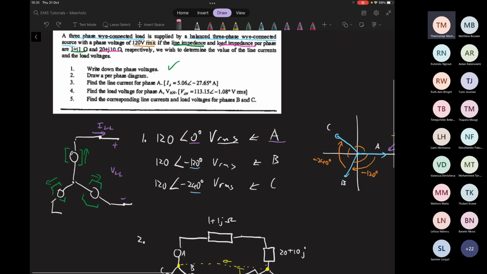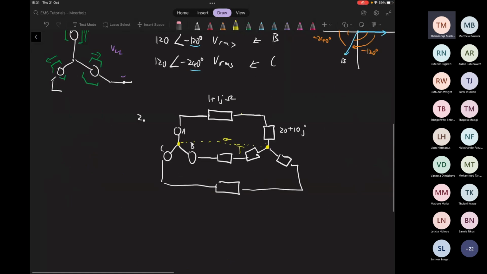Okay, now they say draw the per phase diagram. We can immediately draw a per phase diagram very easily because if we look at this, we can see there's a symmetry. We can actually just isolate a phase like this.